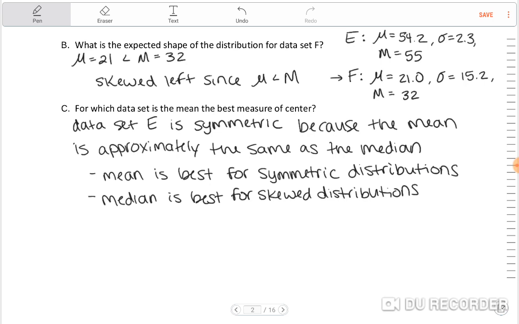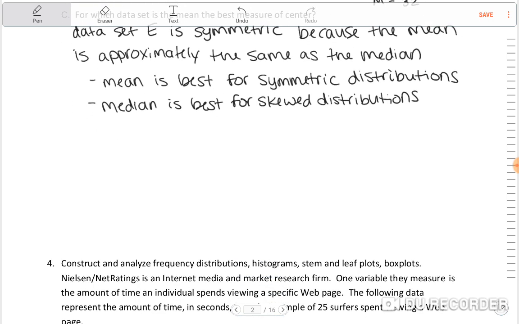Okay. So I did leave a little extra space here because I wanted to draw a few pictures just to demonstrate the difference here. Okay, that one's a little too intense. There we go.